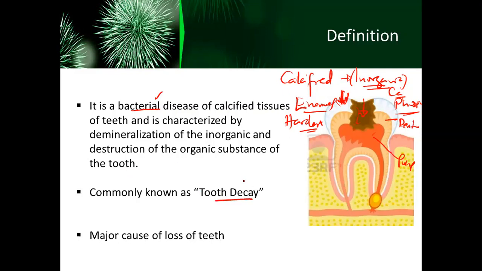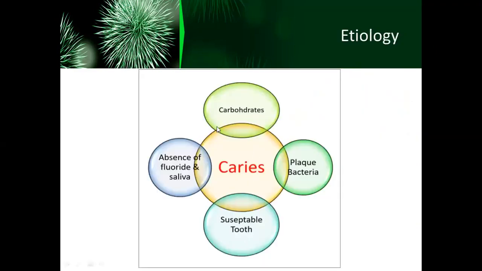So this disease is what we normally call tooth decay, and it's one of the major causes of loss of teeth. In terms of etiology, I've tried to mention some things like bacteria, but there are other things that predispose one to dental caries.